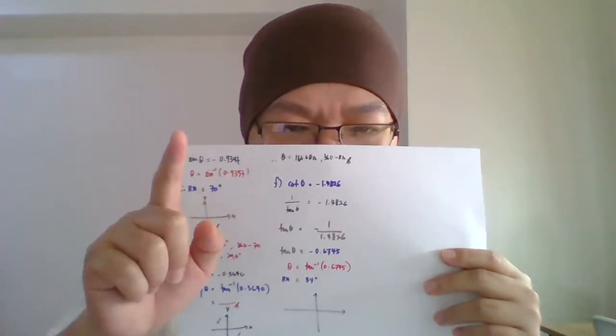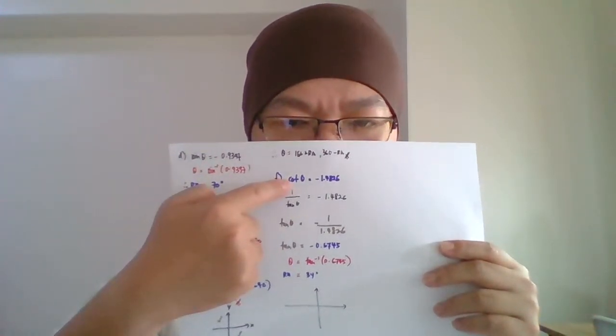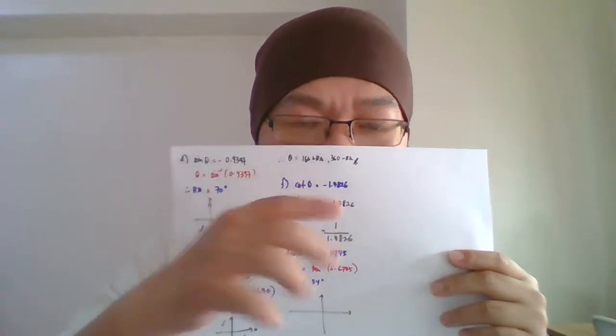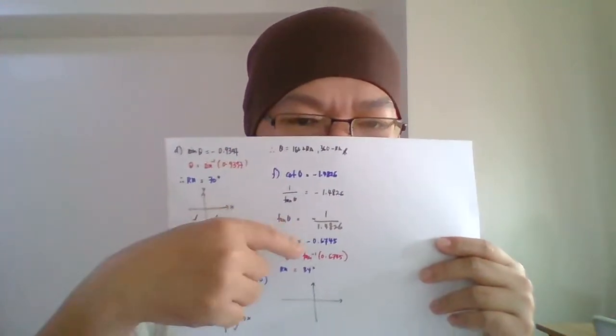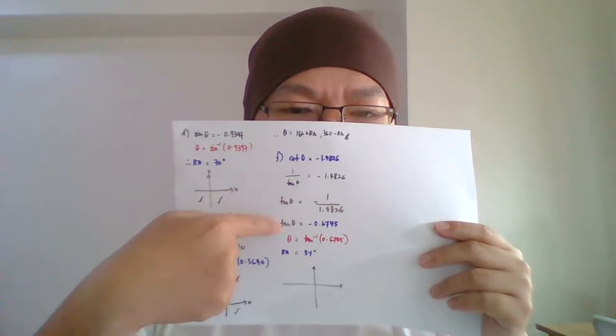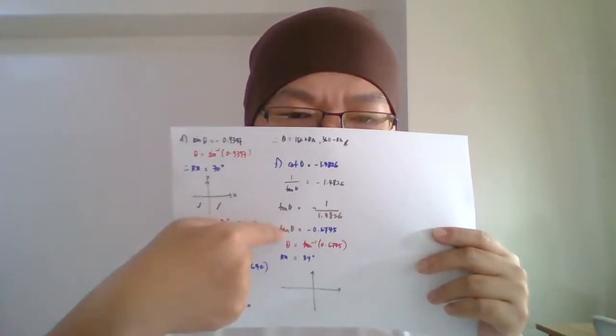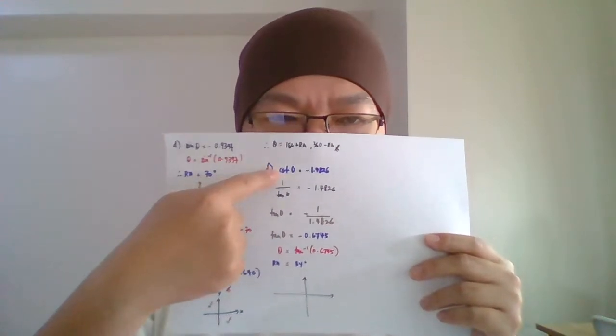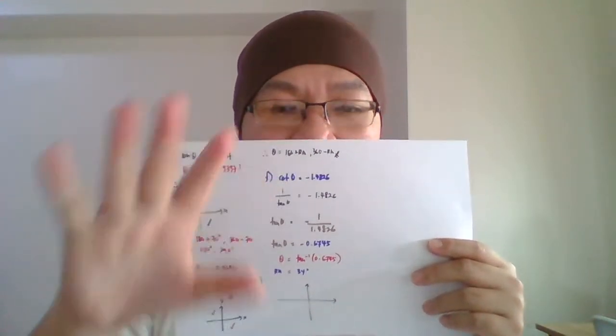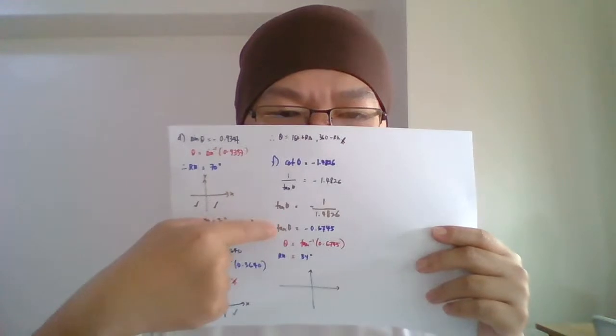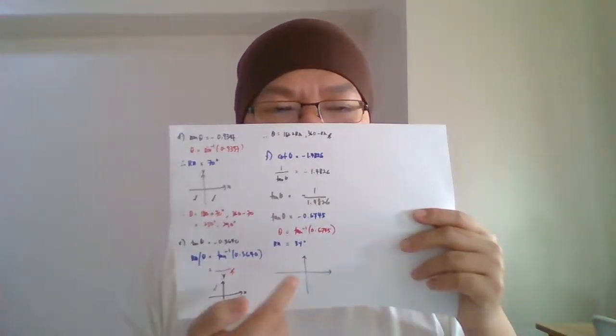For your information, do not look at the original question, because for the original question we already made a simplification. So look at this: tangent theta equals negative 0.something. So you must look at tangent, don't look at cot, because we already simplified the cot. Now tangent is negative. Of course, if we talk negative, it will be the second and fourth quadrant. So just put it like this, second and fourth.